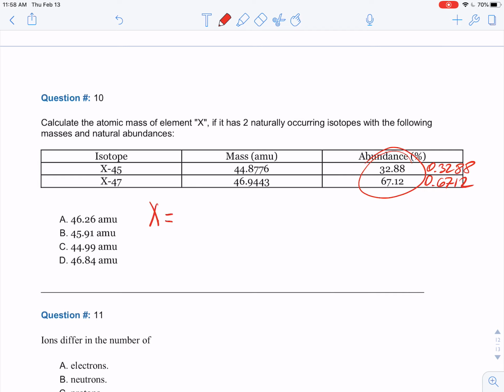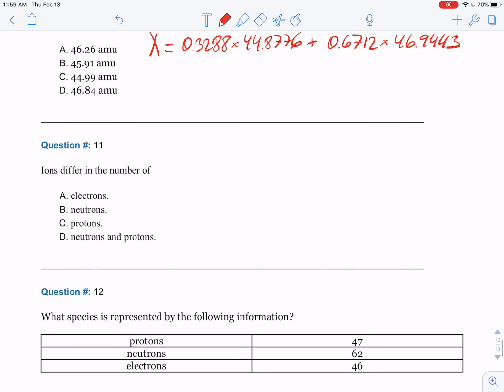So X is going to be equal to 0.388 times 448776 plus 0.712 times 469443. You complete that calculation and it will give you the atomic mass, and that calculation is always going to look the same.